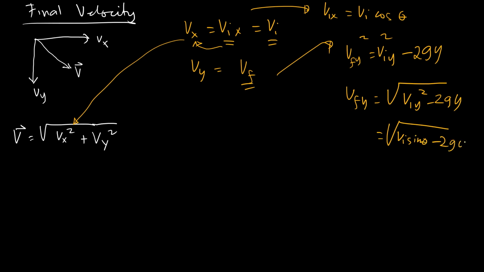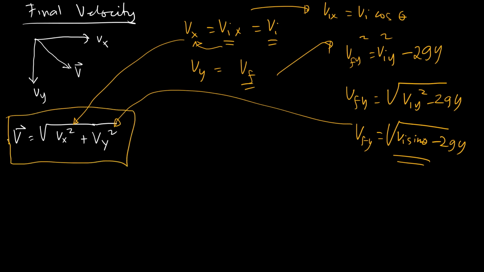So the value taken from this equation will be substituted to the value of v sub y here, and you can now get the final velocity of the projectile motion. So we can label this one as the final velocity. This is now the equation for final velocity.